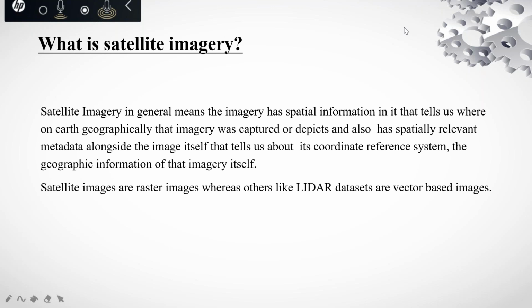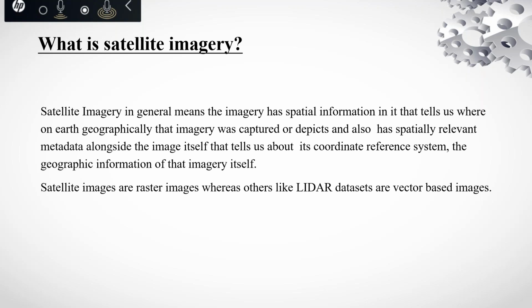So satellite imagery in general means that the imagery has spatial information in it. It's a small part of the huge domain which we call remote sensing. Remote sensing basically means that we are sensing various inputs from the environment without physically touching them.